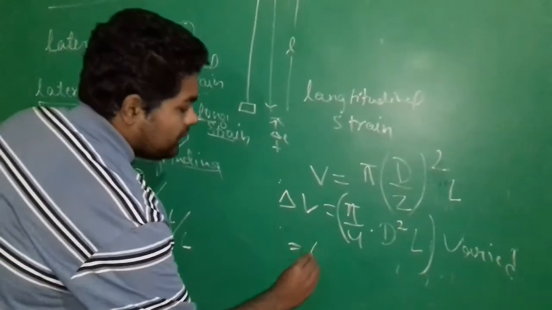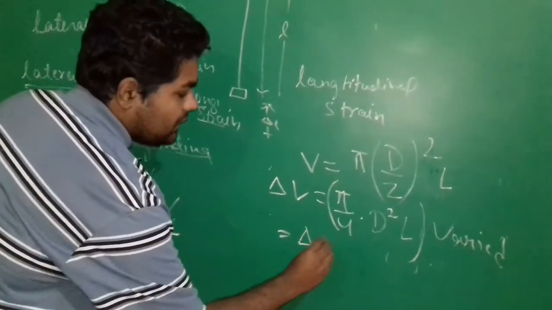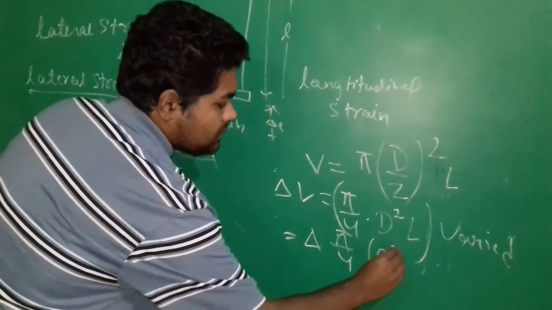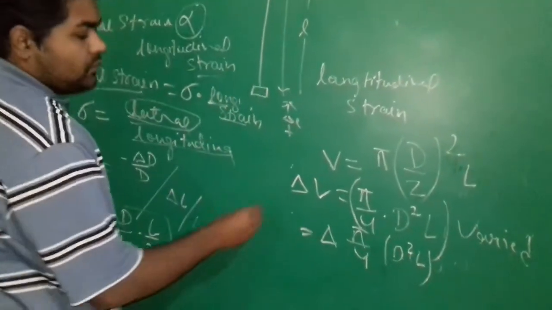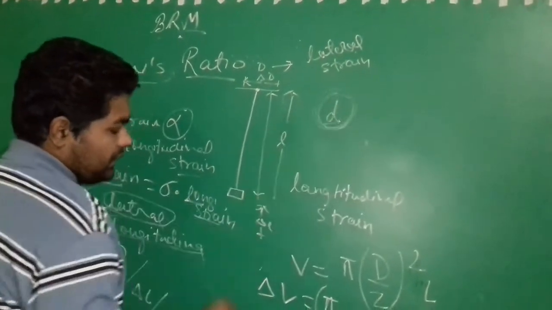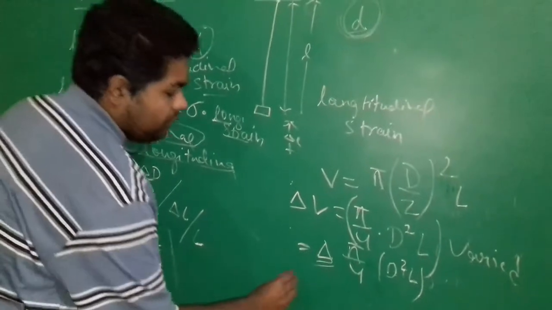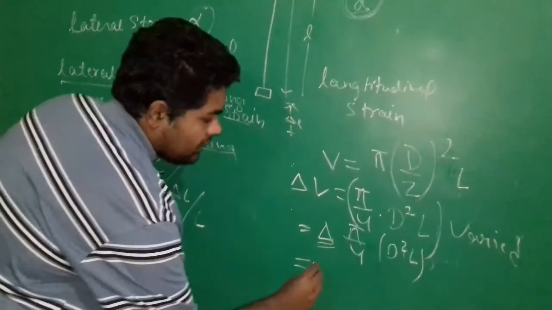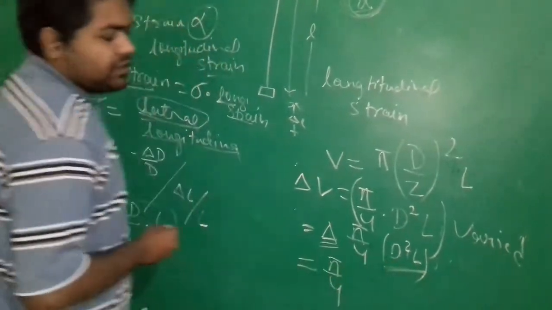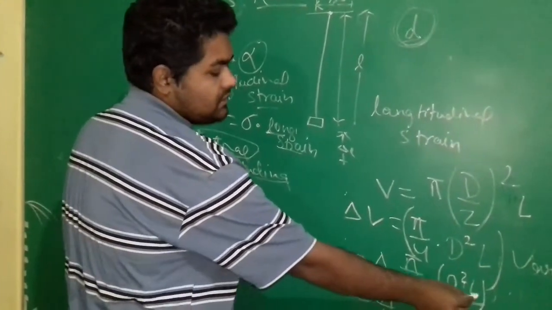So it should be written in the form of delta V equals delta of pi by 4 into d square L. We know the differentiation term d; in place of d we are taking delta here. So if we differentiate it, it will be pi by 4. This is a two-term function, na? Suppose this is x and this is y.